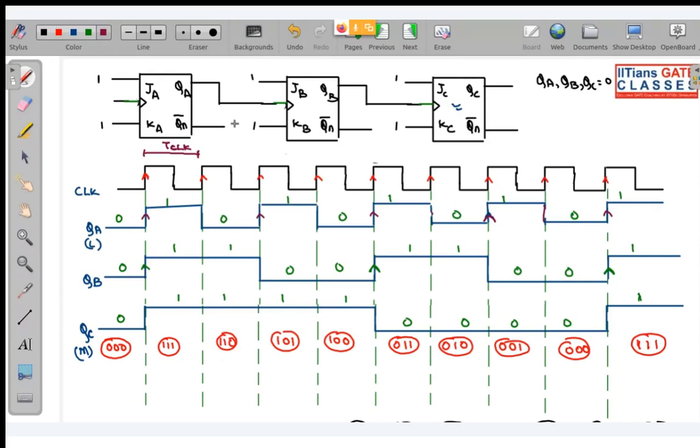So this is your mod 8 counter. Now depending on from where we actually take your output, it will be either an up counter or a down counter.